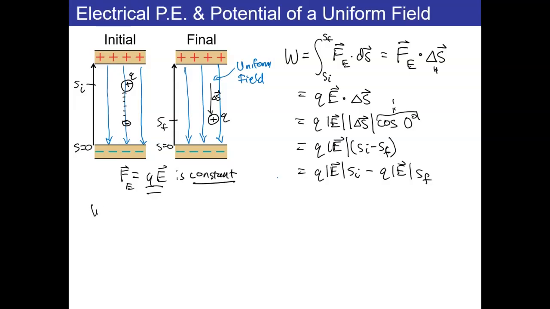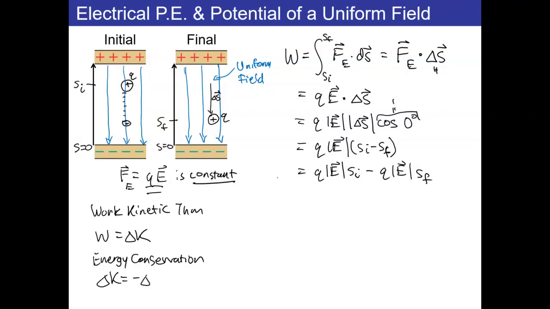Well, I know from the work kinetic energy theorem, which we talked about earlier this week, that the work done on the particle is equal to the change in the kinetic energy, right? We also know from energy conservation that the change in the kinetic energy is equal to minus the change in the potential energy.